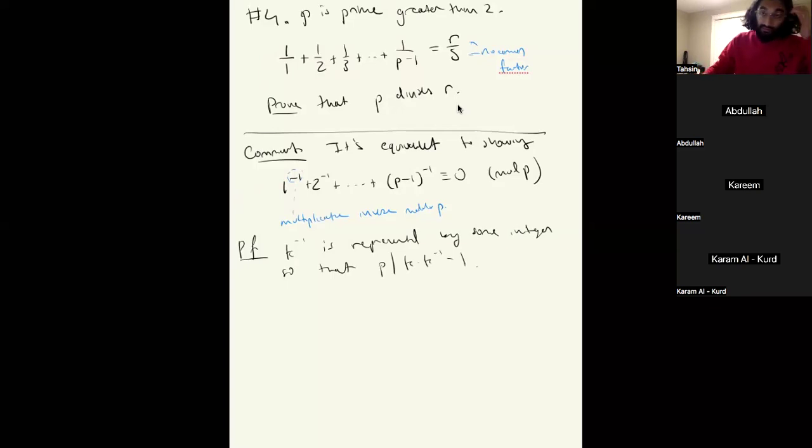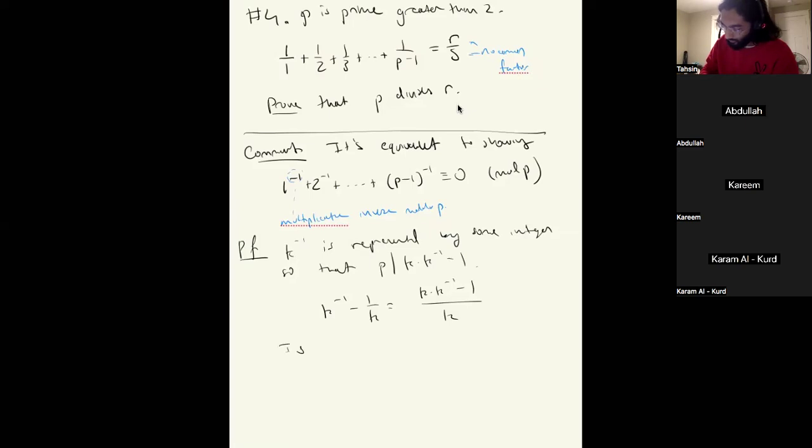So you can think of K inverse as an integer where this is true. And then if I do K inverse minus 1 over K, this is K times K inverse minus 1, over K. So this is a fraction.